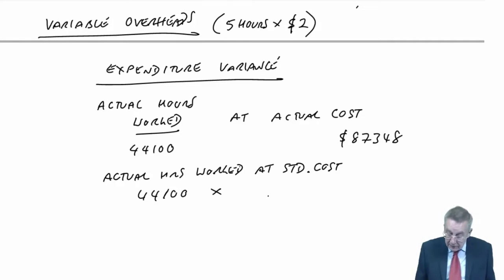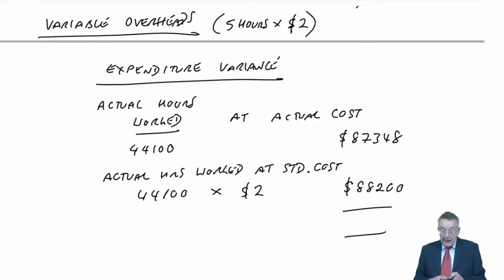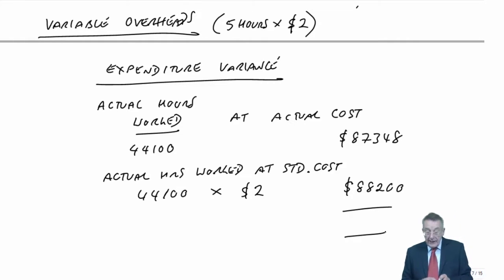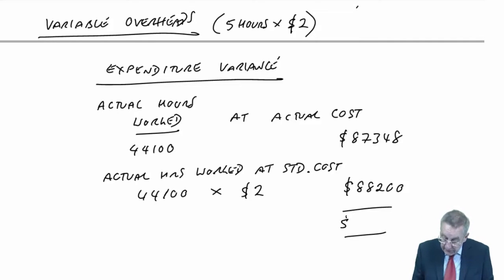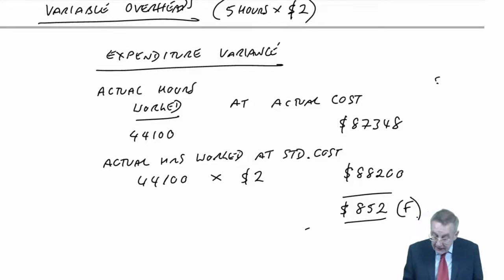The overhead should have been incurred at $2 an hour, so 88,200. The difference, the variance, 88,200 minus 87,348 is 852. And we were paying a bit less than we expected. It's therefore a favourable variance.